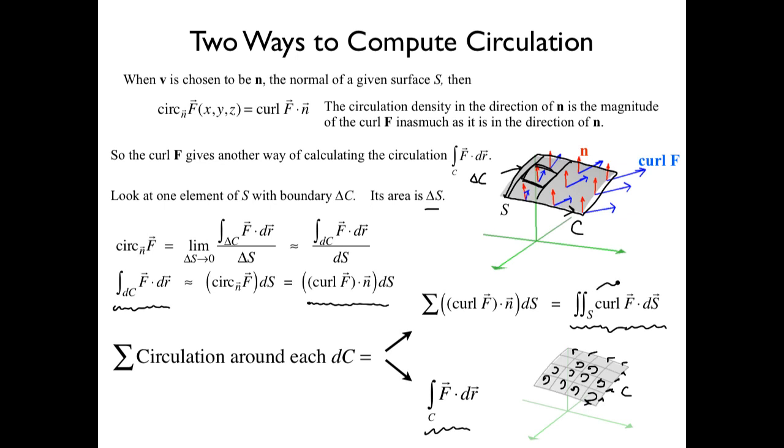And what was that? That was one type of rate of change of F. Rotational rate of change. The curl was rotational rate of change. And now we see that rotational rate of change is circulation density, the strength of rotation pointwise.